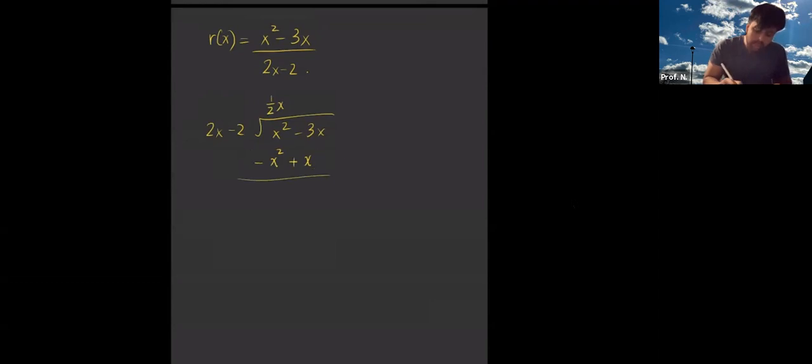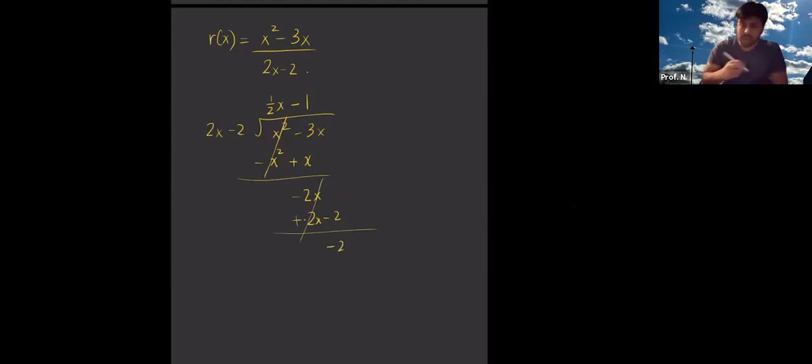So this is negative 2x. These cancel, and then you have negative x minus 1. This is negative 2x plus 2. But when you take the negative, you change everything. This becomes a positive. This becomes a minus. And these cancel, and you get negative 2.